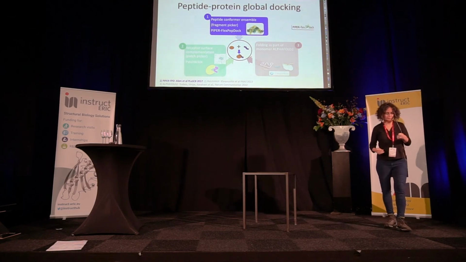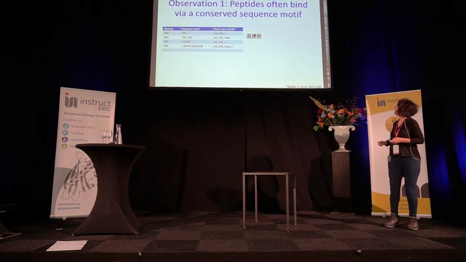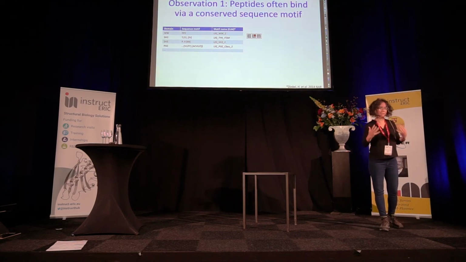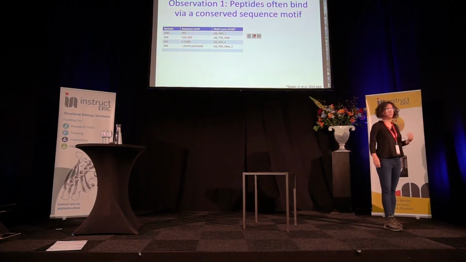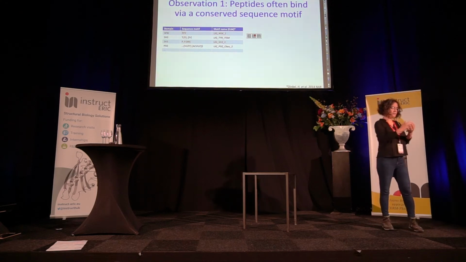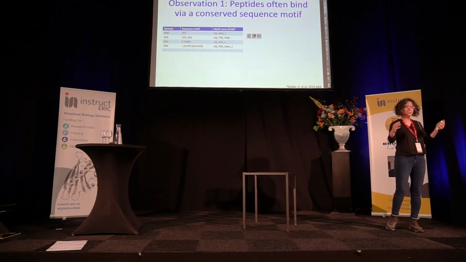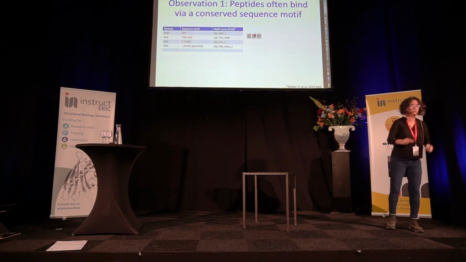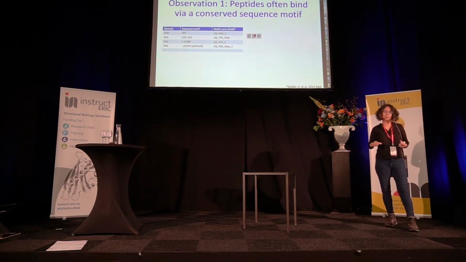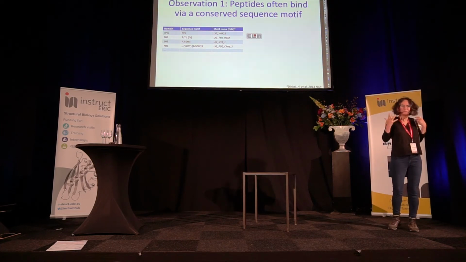In that protocol, we were talking about features that we saw over and over again, which are described in the ELM database, linear motifs. In many cases, when we look at protein-protein interactions that are maybe defined as unstructured, we can find sequences that are conserved. And these sequences should, in principle, correspond to some structural motif. That's what we think.